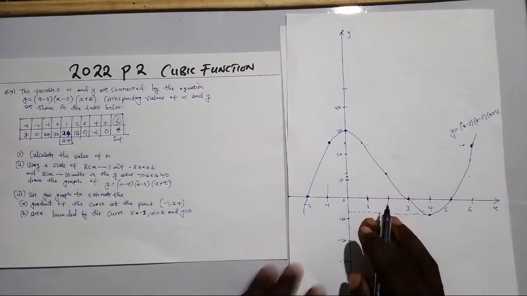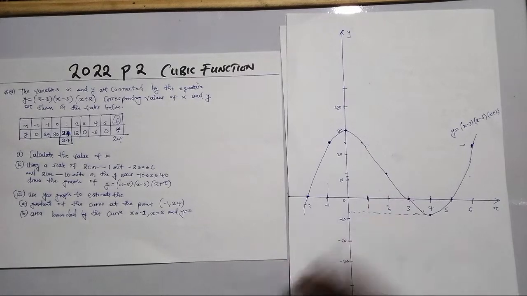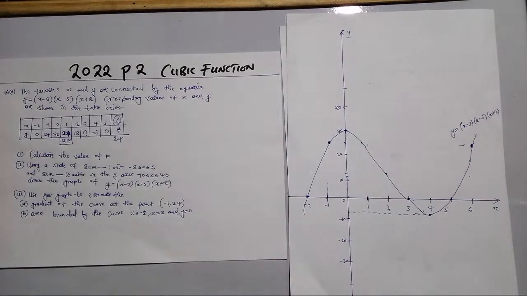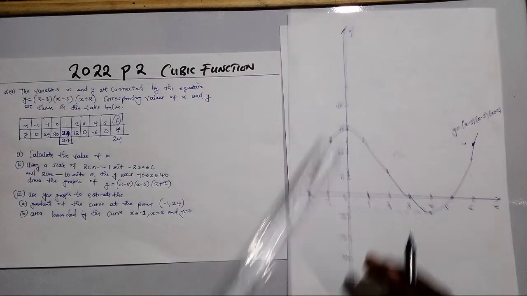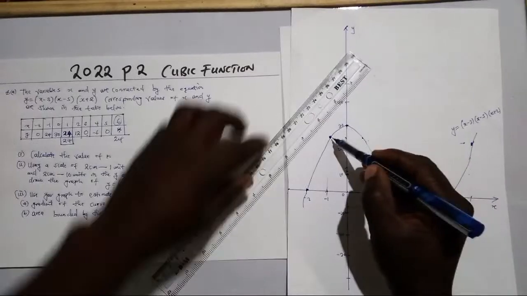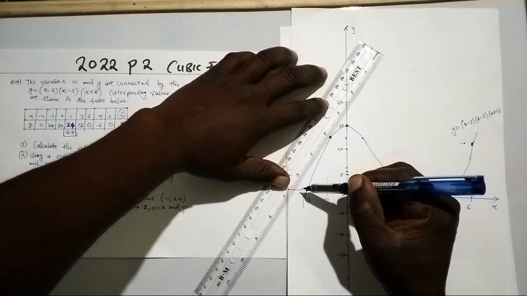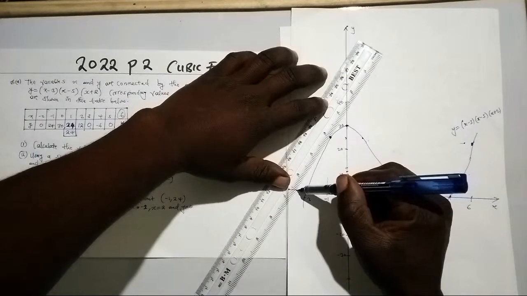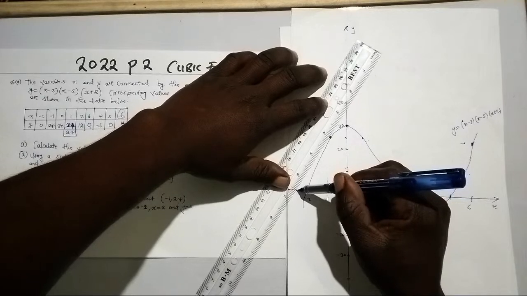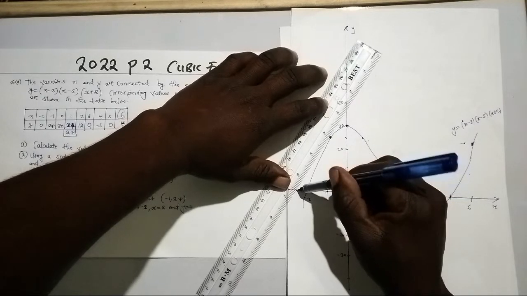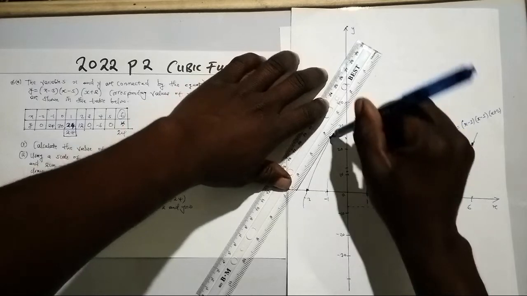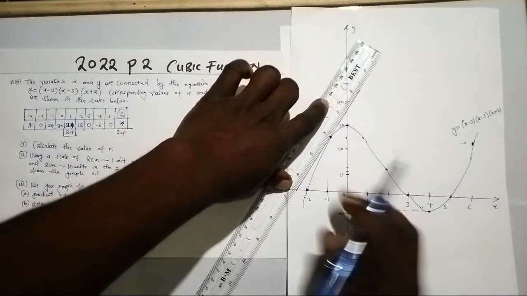Then from here, you draw the line which is tangent to this point here. So you draw a line which is tangent here, to pass here up to here.